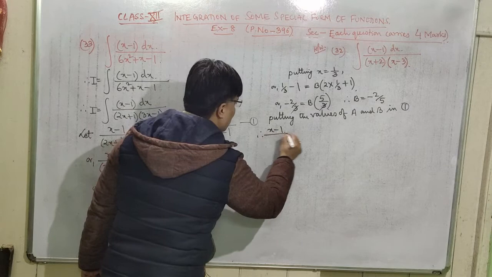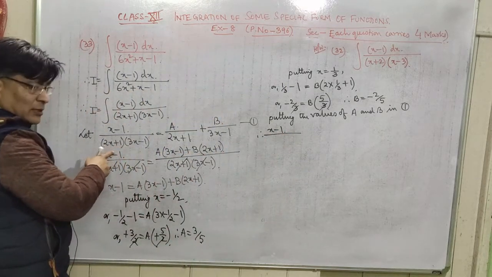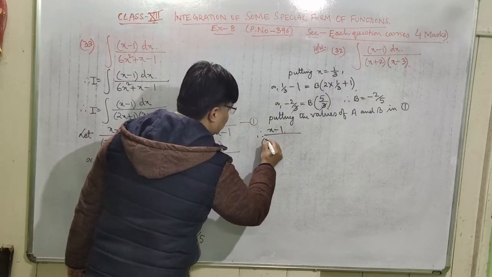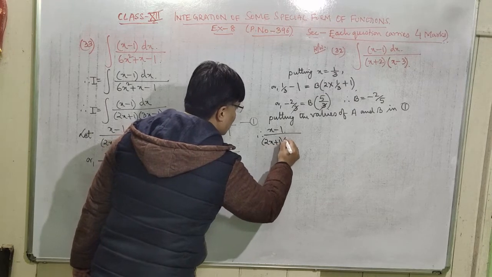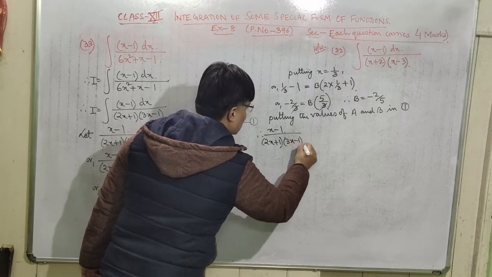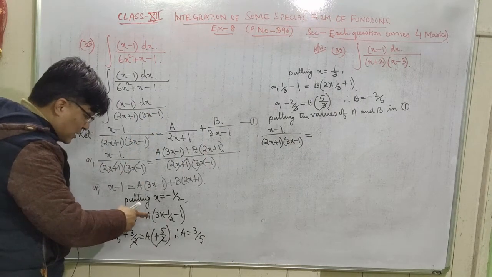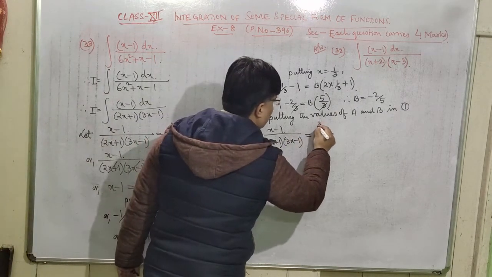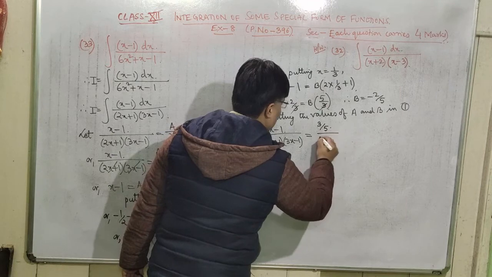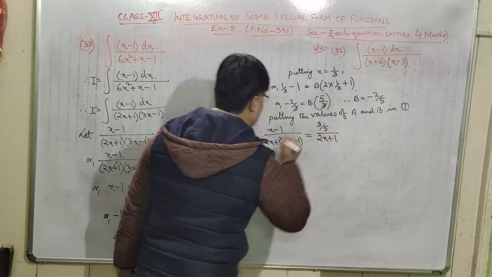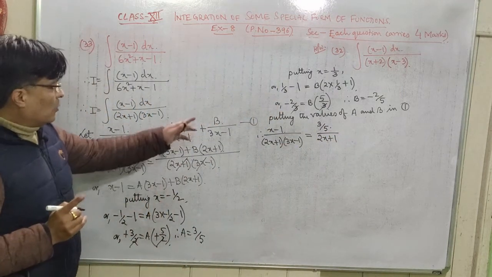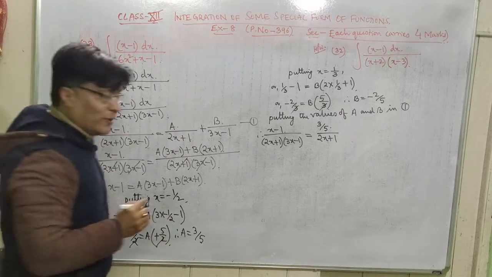Therefore x minus 1 divided by 2x plus 1 into 3x minus 1 is equal to, what is capital A? What was the value for capital A? It is 3 by 5. So it is 3 by 5 divided by 2x plus 1, right? And what is the value for B out here? It is minus 2 by 5.